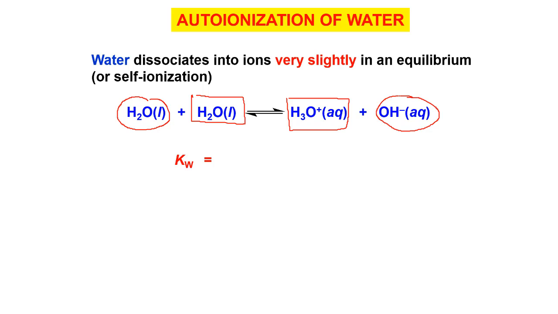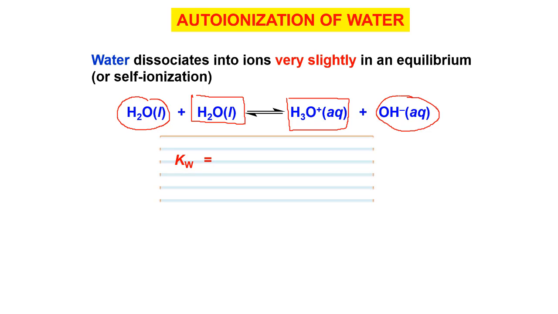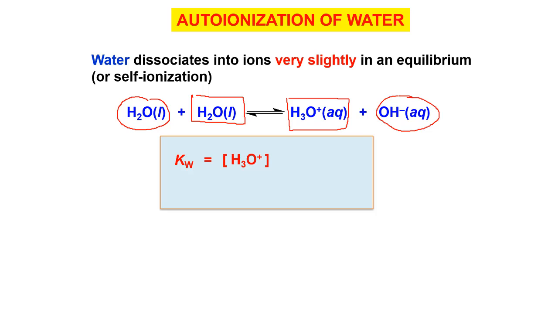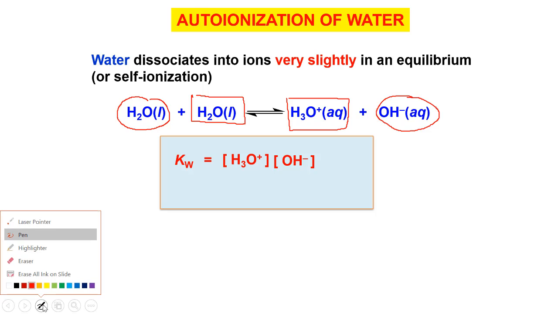So, you have to refer to the auto-ionization equation of water tadi. Tengok yang atas tu. So, Kw is equal to concentration of hydronium ion times concentration of hydroxide ion. So, the concentration of water liquid is omitted.